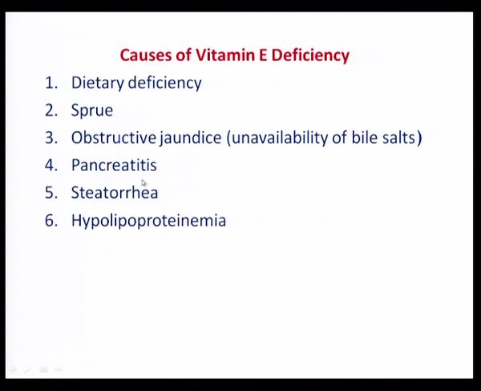Then pancreatitis, inflammation of the pancreas; steatorrhea, which means passing of unabsorbed fat from the bowels; and hypolipoproteinemia, because lipoproteins are extremely essential in the transportation and in the formation of chylomicrons. All this can to some extent cause vitamin E deficiency over a prolonged period of time.